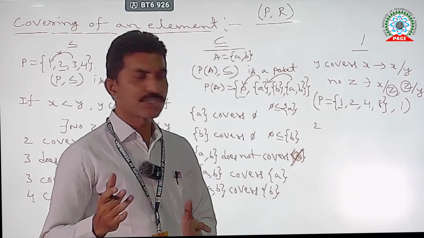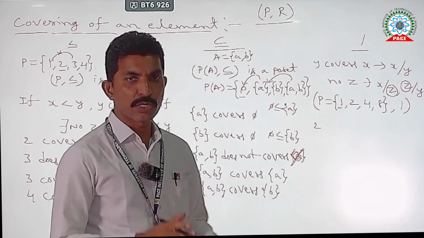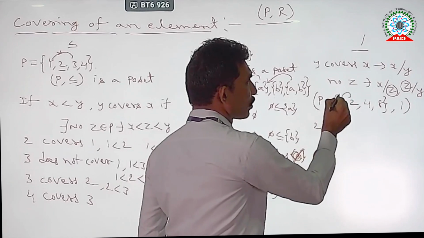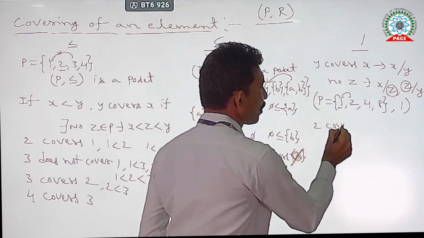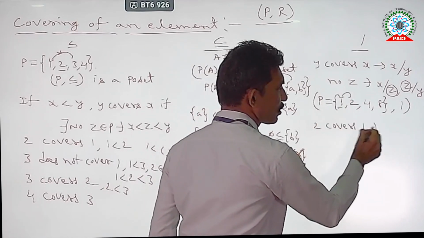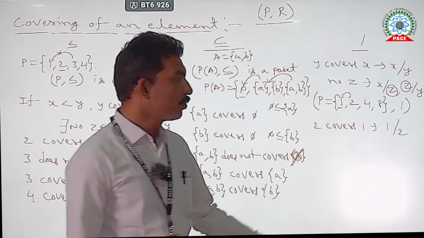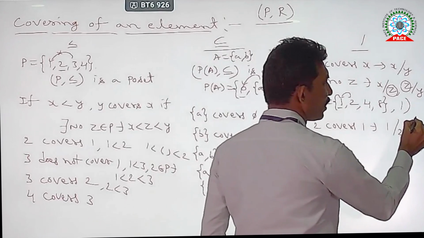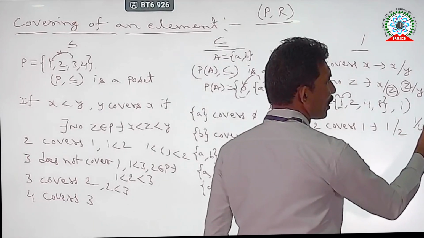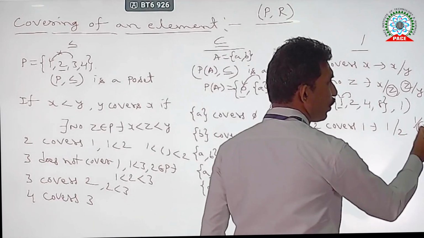So 2 covers 1, because 1 divides 2 and there is no other element such that 1 divides that element and that element divides 2. There is no element. So 2 covers 1.